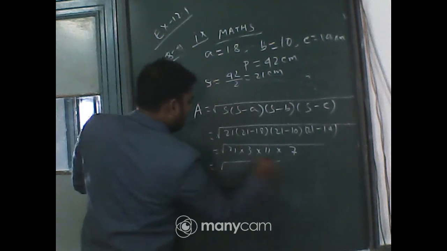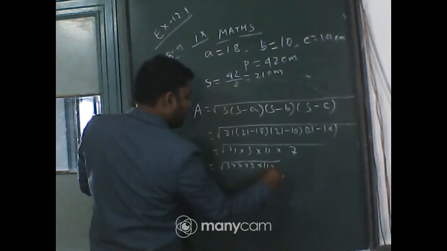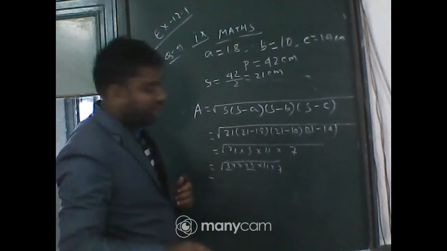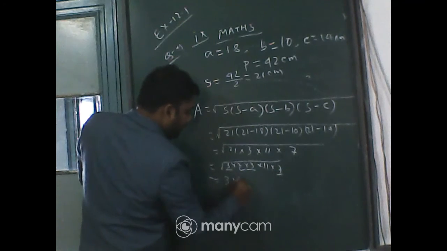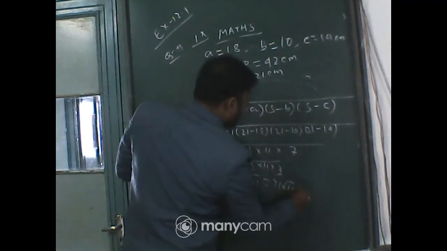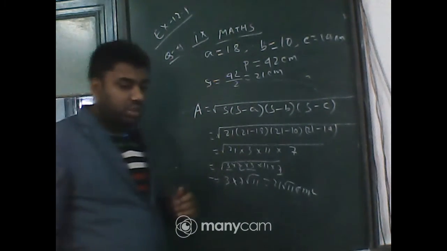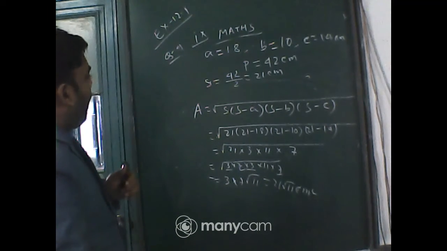Now 21 can be written as 3 into 7, into 3, into 11, into 7. 2 3s are in the product under the square root, so 3 comes outside, and 2 7s, it is 7, and root 11. So 21 root 11 centimeter square is the answer.